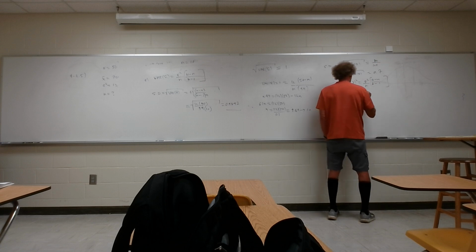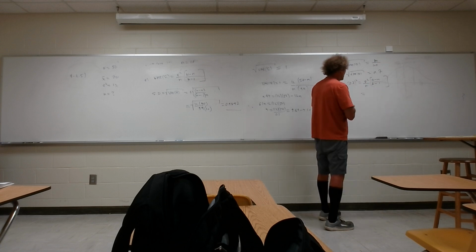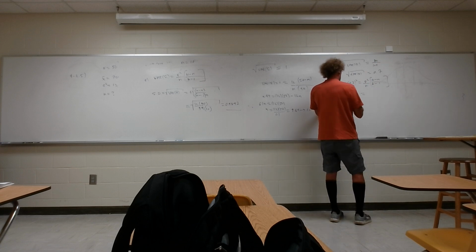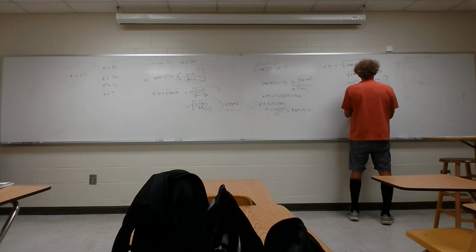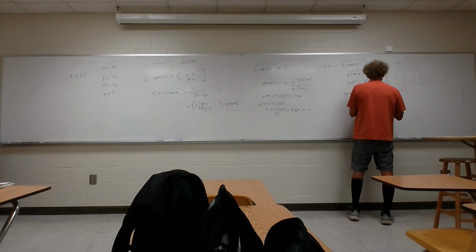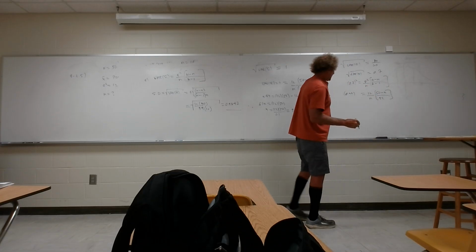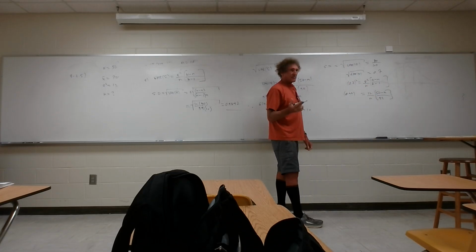I'm just rewriting that, and I'll put the values there. So 0.49 here is equal to 12 over n times 50 minus n over 49. Unless I did something wrong, I think that's right.